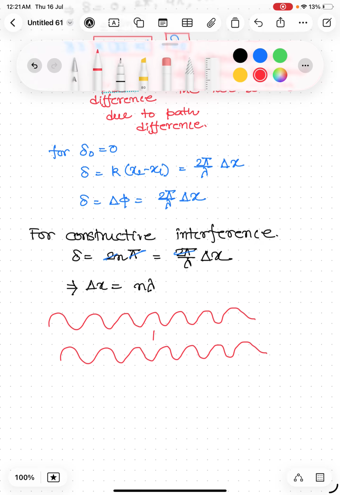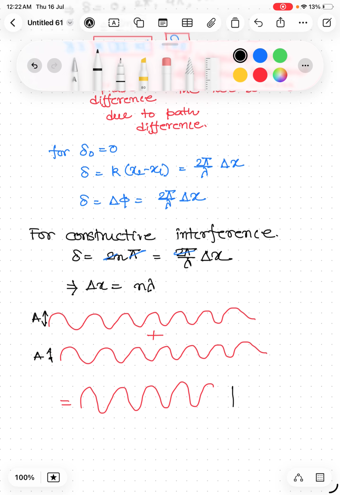So if I add these two up, what am I going to get? I'm going to get double of this. Suppose the amplitude is a here, a here. If both of them are present, then the amplitude that I'm going to get is 2a.